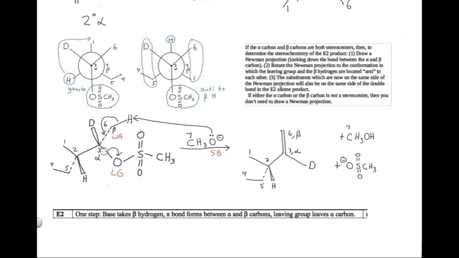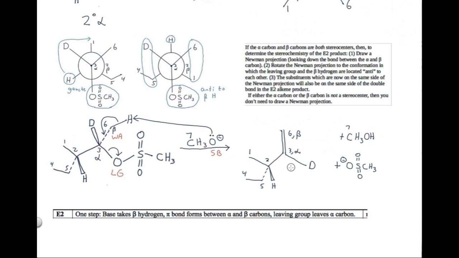And similarly, in this picture, the deuterium was on a wedge, because carbon 3 was tetrahedral. But in this picture, carbon 3 is trigonal planar, so the bond to the deuterium should change to a solid line. On the other hand, notice that we didn't change anything about the bonds around carbon 2. Carbon 2 is still tetrahedral in this picture because it didn't participate in this mechanism.